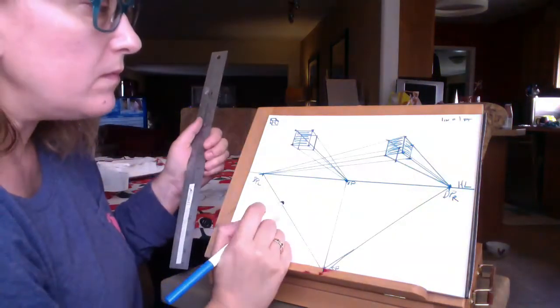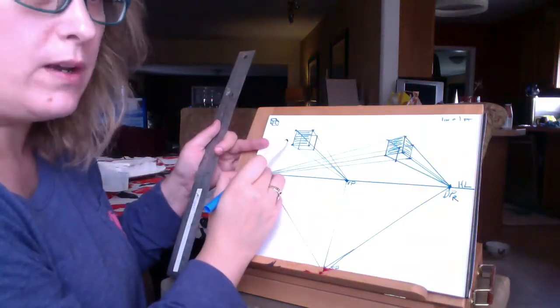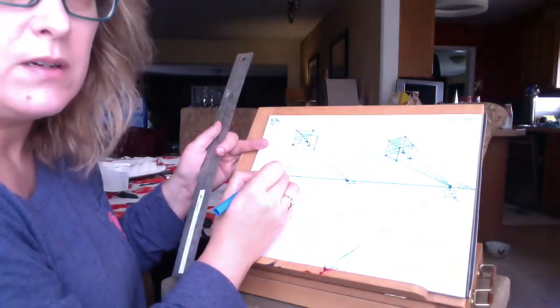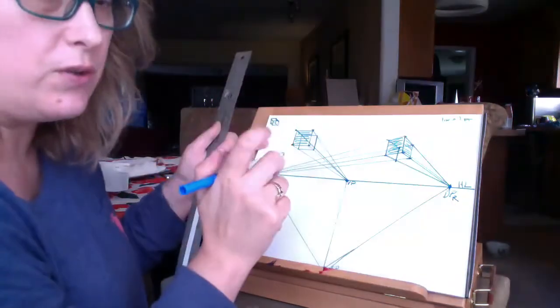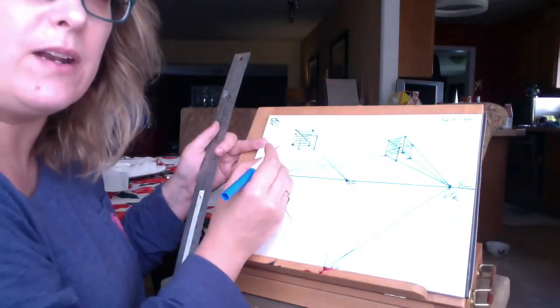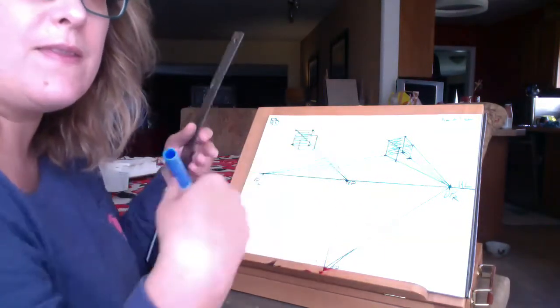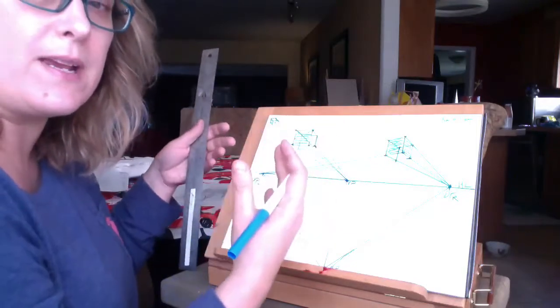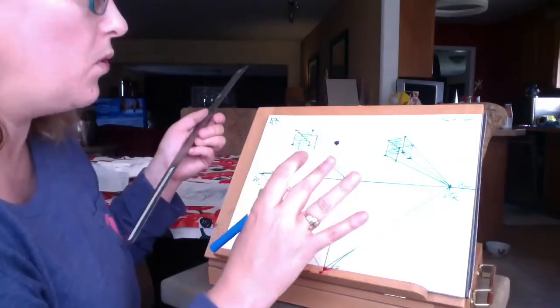So once I know that this is a 1 by 1 foot cube or inch cube, I then know that this is 1 foot in depth. And when I can understand the depth, I can then start creating a real space with measurements. So that's why that's important.